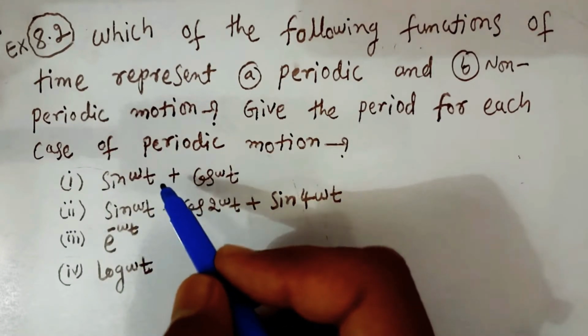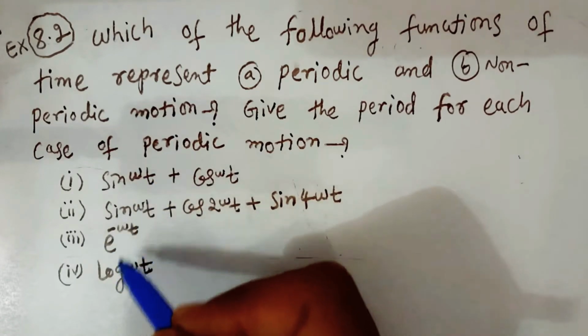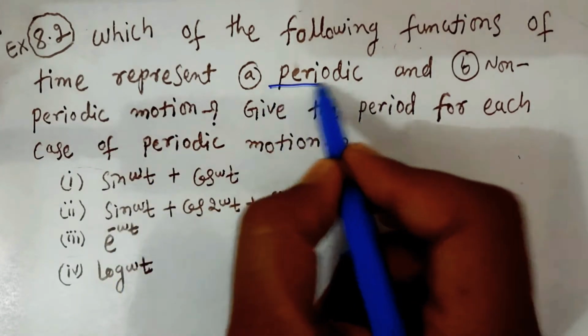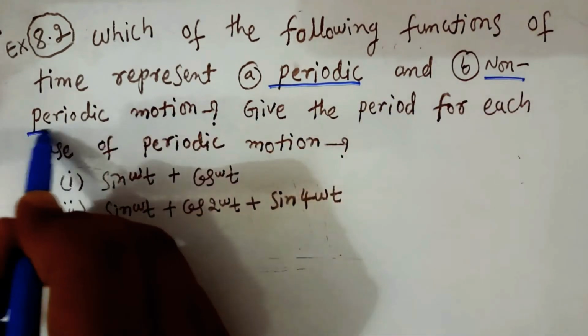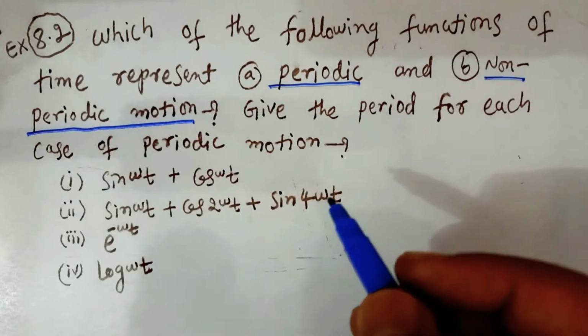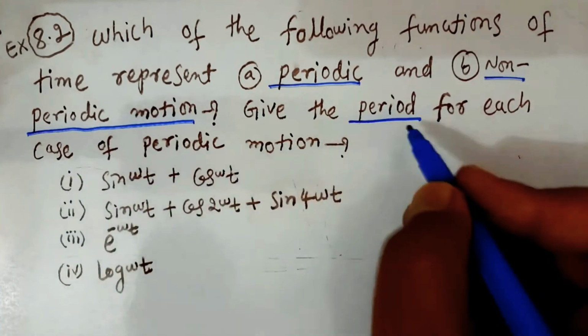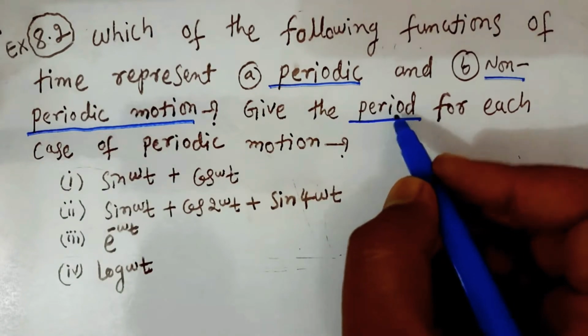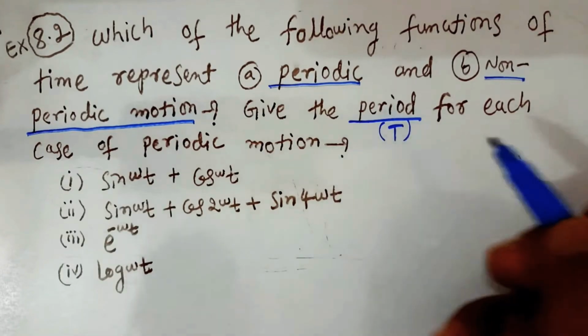We have to find which of these functions represent periodic motion or non-periodic motion, and also find the period for each case of periodic motion. So we have to find the period, that is, time period T.